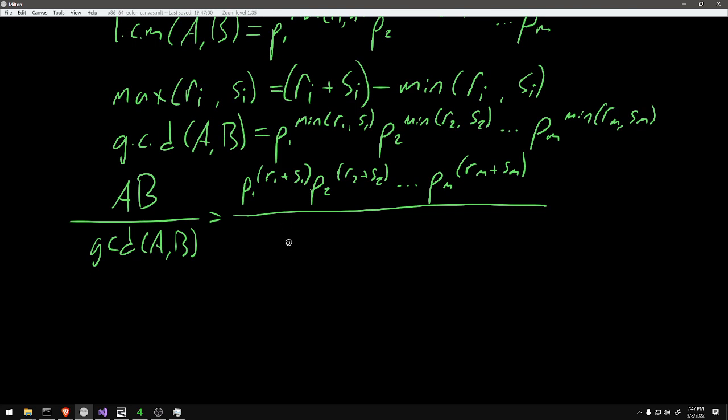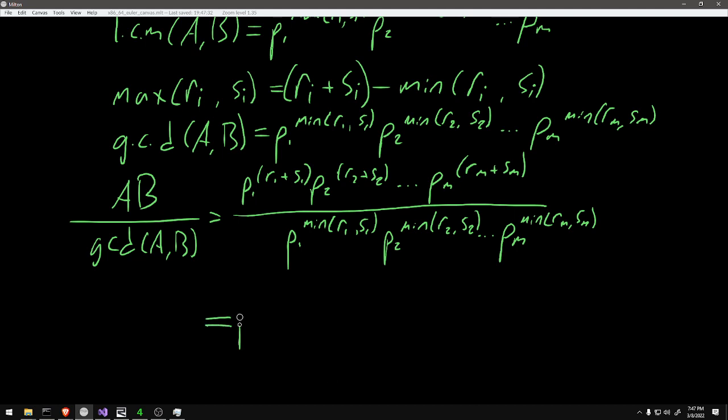Right, and then on the bottom we have P1 to the min of R1 S1, P2 to the min of R2 S2, up to P sub M to the min of RM SM, and then that is going to give us P1 to the R1 plus S1 minus min of R1 S1.